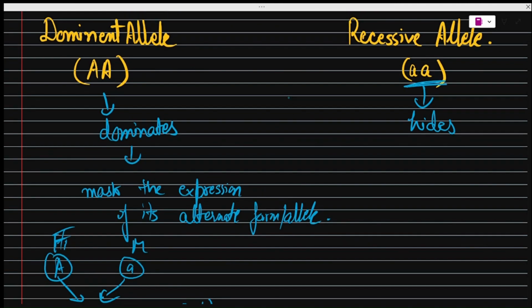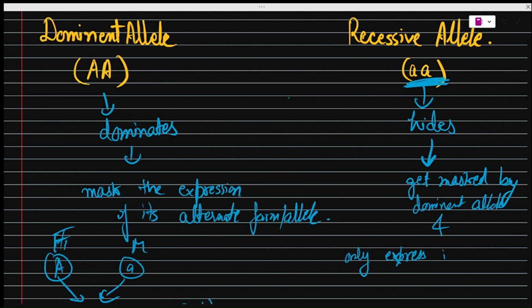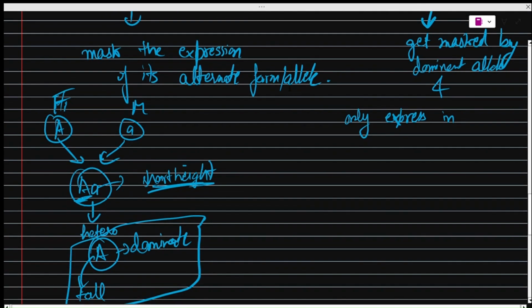Similarly you can describe the recessive allele also. It hides, meaning it gets masked by the dominant allele, and the special thing is it is only expressed in, sorry for the bad handwriting, homozygous condition.